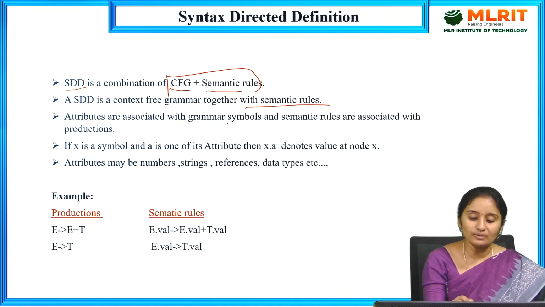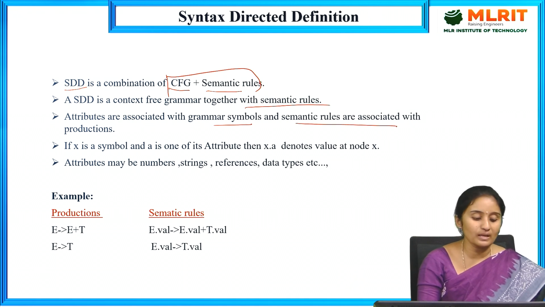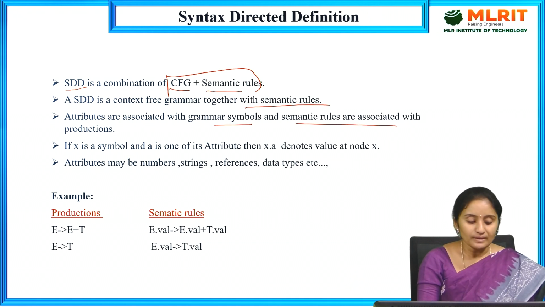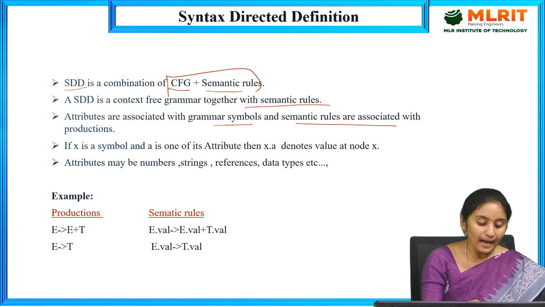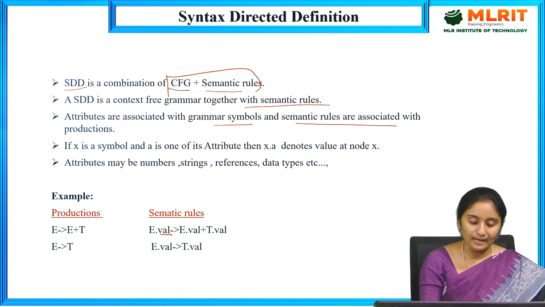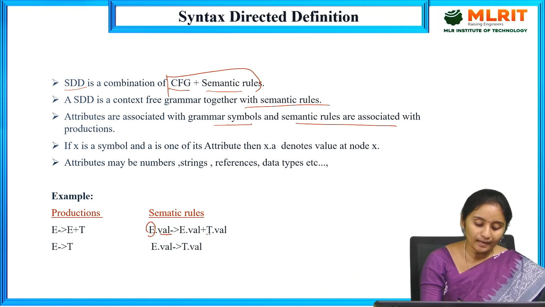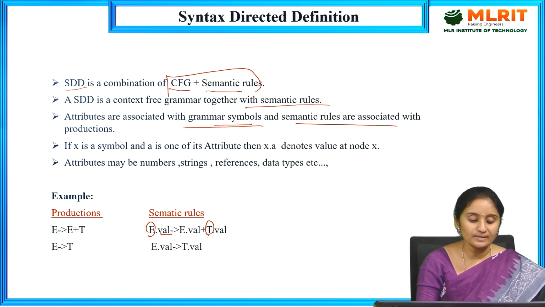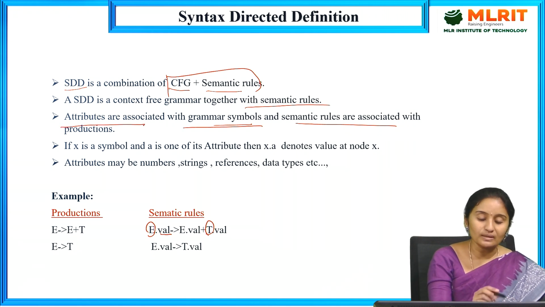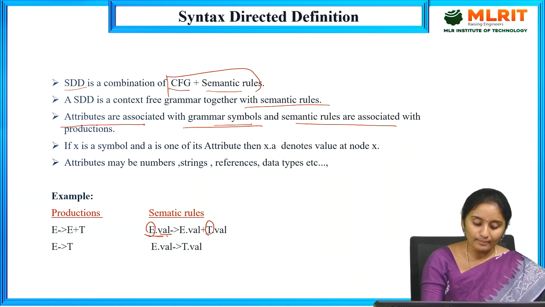Attributes are associated with grammar symbols and semantic rules are associated with productions. See here, attributes are associated with grammar symbols. Here, E and T are the grammar symbols.